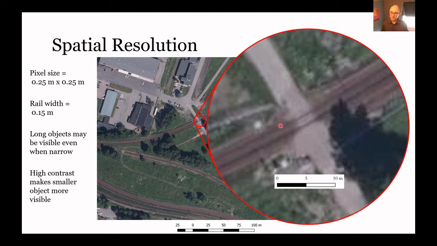Also, we can see that it is easier to make out this rail where there's a higher contrast. So the brightness of the rail here, along here, is perhaps not quite easy to see. Until we get to here, where we have a very strong contrast in the background. The colors change dramatically, and then we can see it more distinctly here. So it's easier to make out this rail.